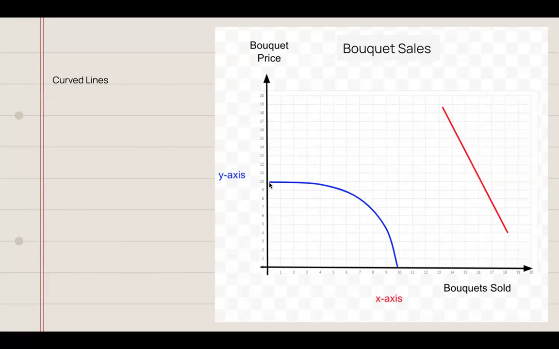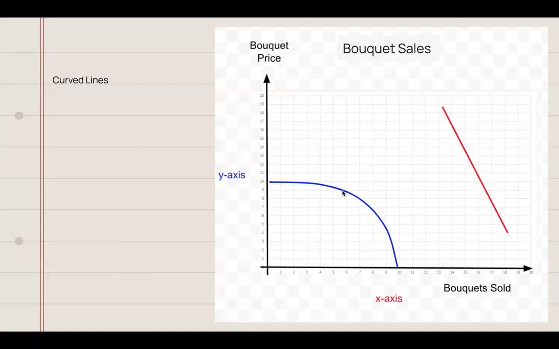Now, what this means when you have a small slope like you do up here, it's a very gentle slope. That means that, say we are selling our bouquets for $10, and we haven't sold any of them. No one wants to buy a bouquet at $10. But if we drop the price by just $1, or just one value, we're going to sell a lot more bouquets.